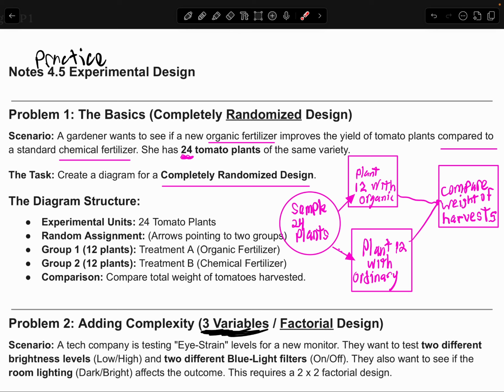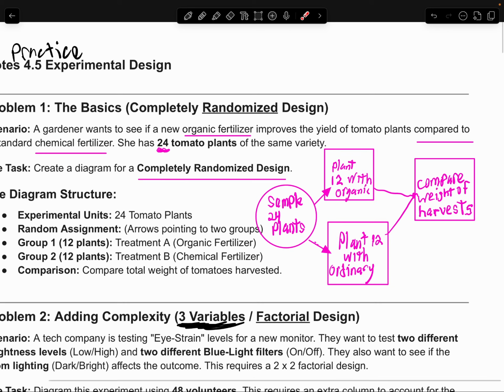We're going to do some with organic fertilizer and some with ordinary fertilizer, maybe 12 plants each, split evenly, and then we're going to see what happens, comparing the weight of the tomato plants after some time for each one.